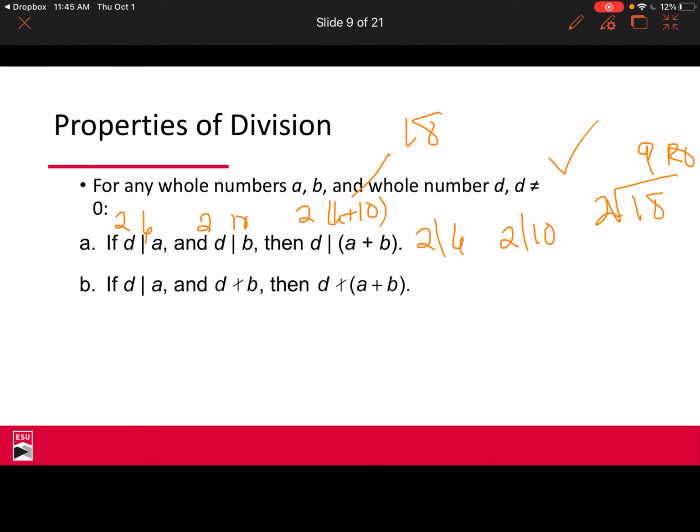And similarly, if it divides only one of them, it won't divide their sum.